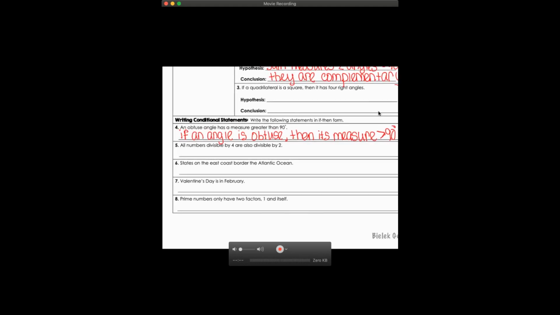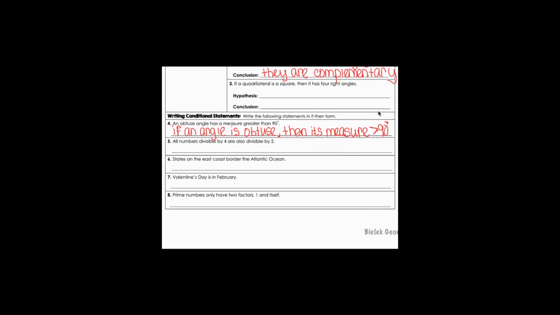So next up is all numbers divisible by 4 are also divisible by 2. So we could say if a number is divisible by 4, then it is divisible by 2. Okay, so I'll let you try those other statements on your own and being able to convert them into if-then statements.